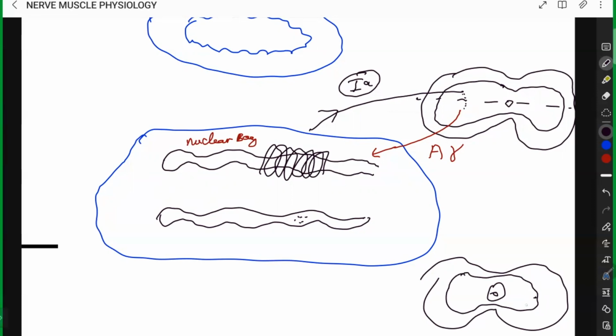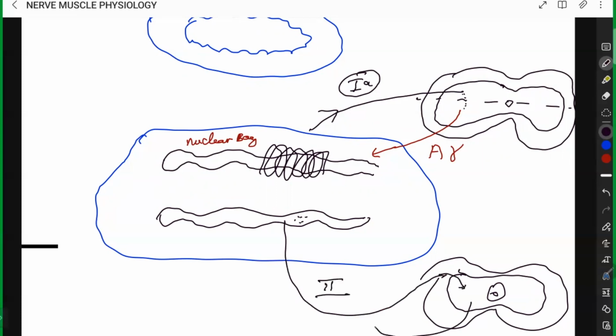What is that called? That is called type 2 fibers. We will be discussing this again when we cover muscle fibers. So the information is going to be taken by fiber 2, and from here again it is going to receive back. The receiving back is again done by A gamma fibers.